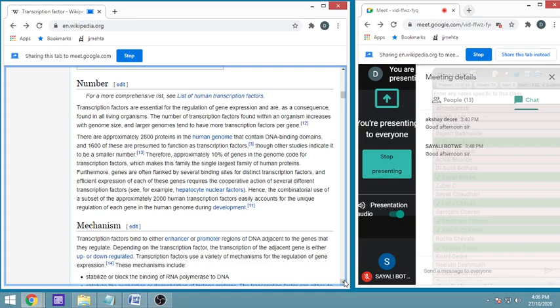This makes a subset of approximately 2000 human transcription factors, accounting for the unique regulation of each gene in the human genome during development. Particularly, if you remember, during development multiple activities are going on, particularly cell differentiation.